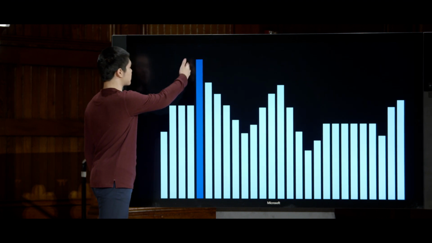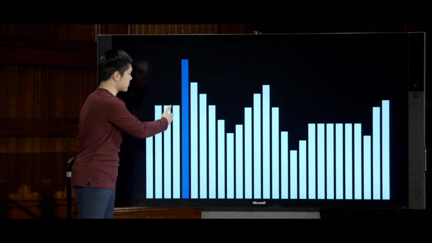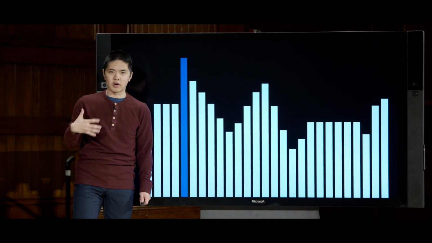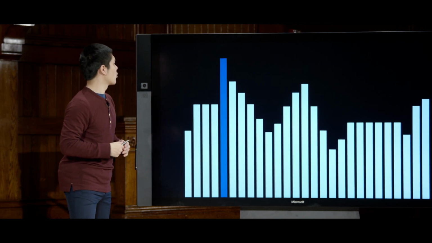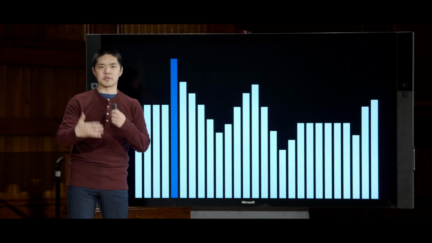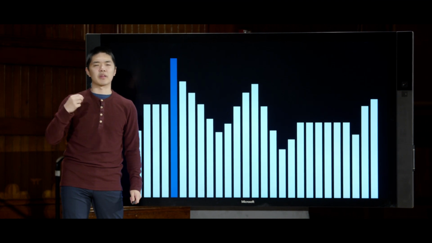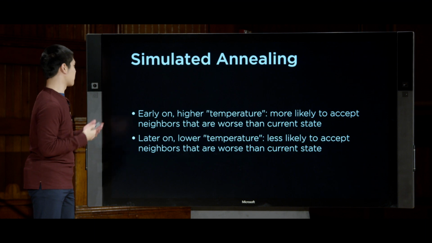Of course, once we get up to this global maximum, once we've done a whole lot of the searching, then we probably don't want to be moving to states that are worse than our current state. And so this is where this metaphor for annealing starts to come in, where we want to start making more random moves, and over time start to make fewer of those random moves based on a particular temperature schedule. So the basic outline looks something like this.